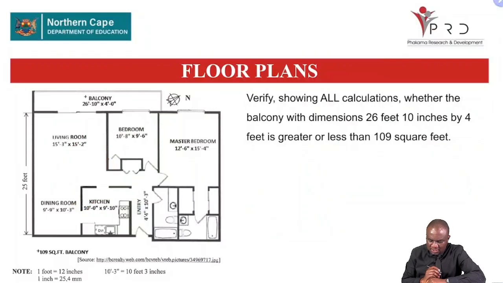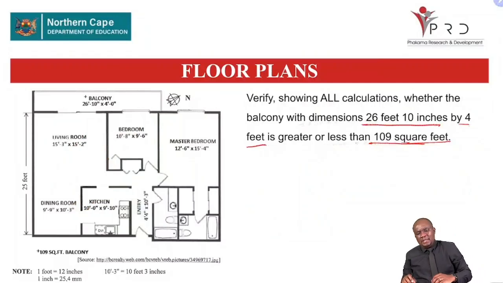Verify showing all calculations whether the balcony with dimensions of 26 feet, 10 inches by 4 feet is greater or less than 109 square feet. Now we have a problem here. By the way, we have to try this before I explain.